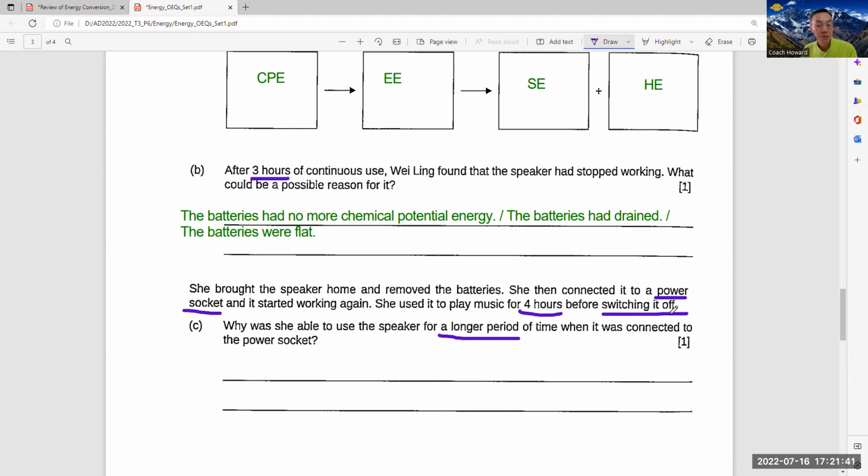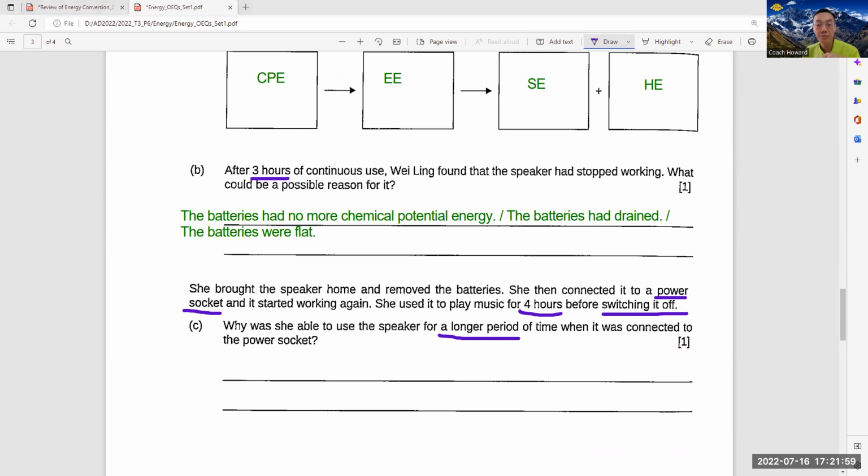Because the battery has a specific amount of chemical potential energy, but when you plug into the socket in your house, there is a continuous supply of what energy? Electrical energy.